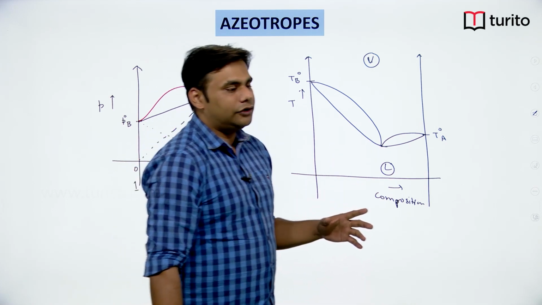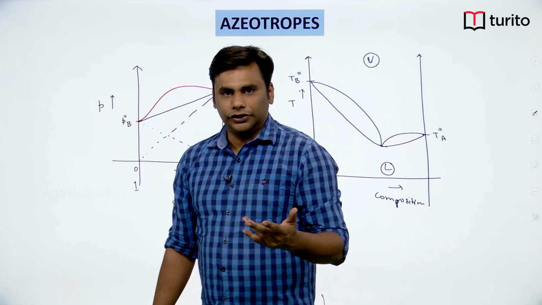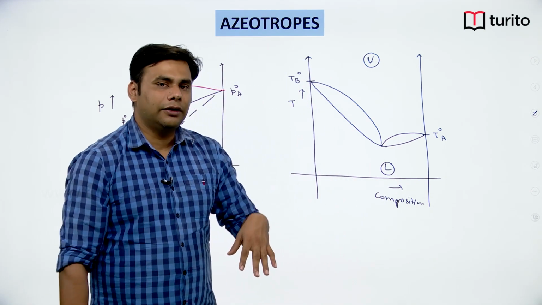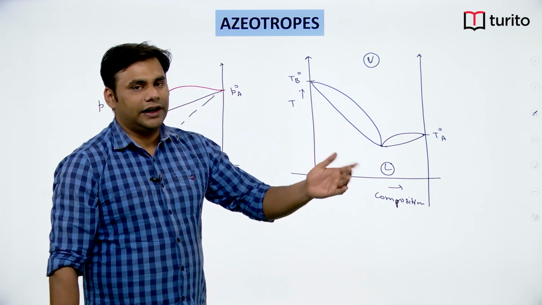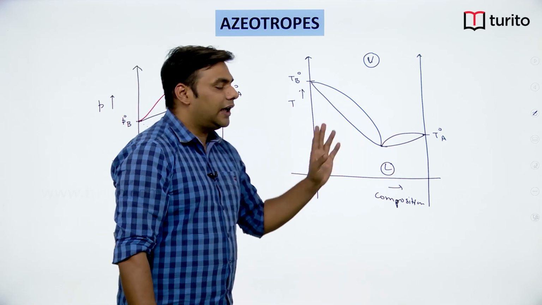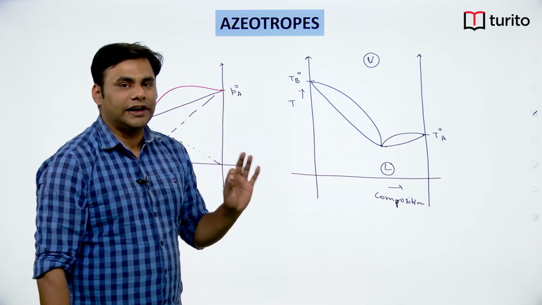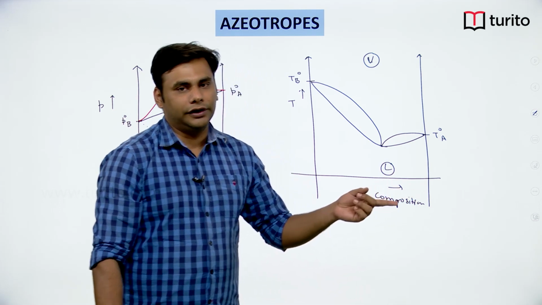When we boil the azeotropic solution, it goes into the vapor phase without change in its composition. Whatever composition was in the liquid, the same composition is present in the vapor. When we condense it back, we get back the original liquid. So this azeotrope behaves as a single liquid, as if it were not a two-component system but a one-component system.